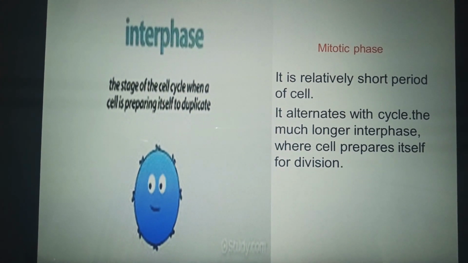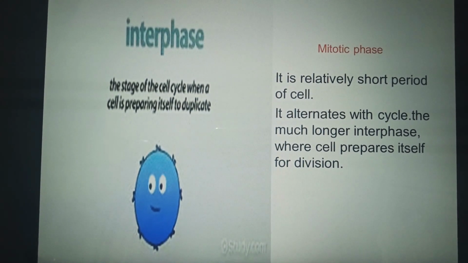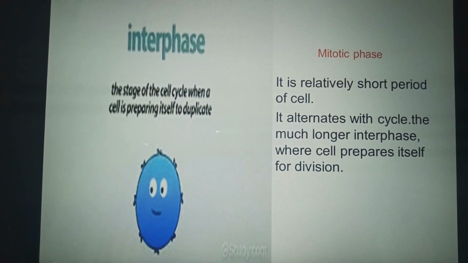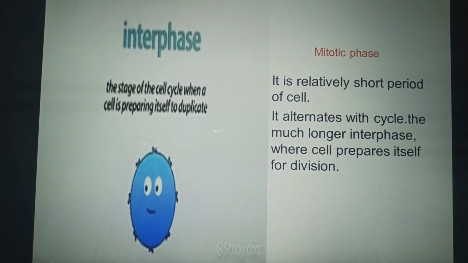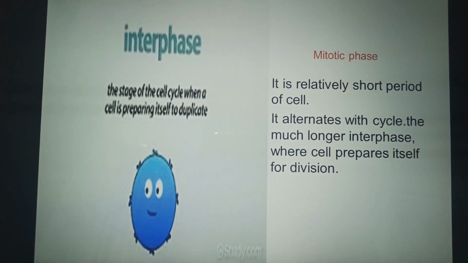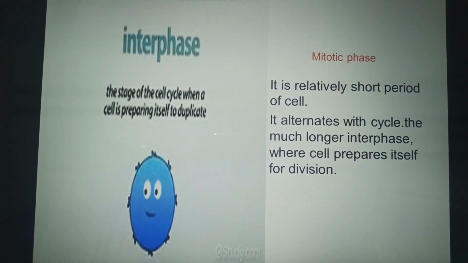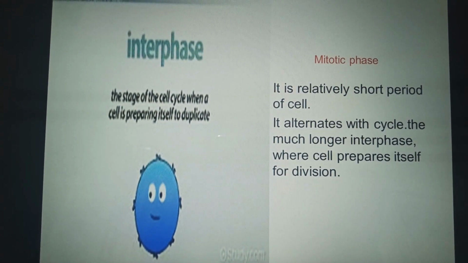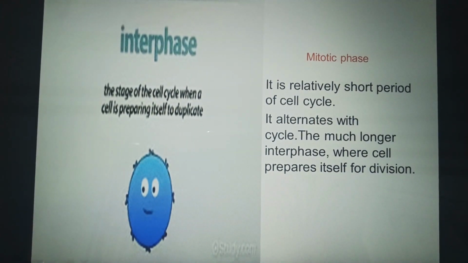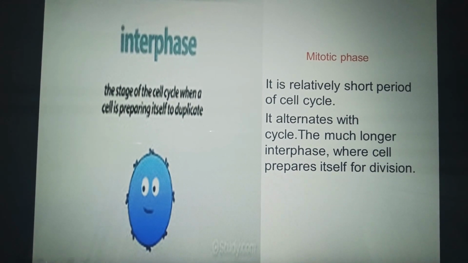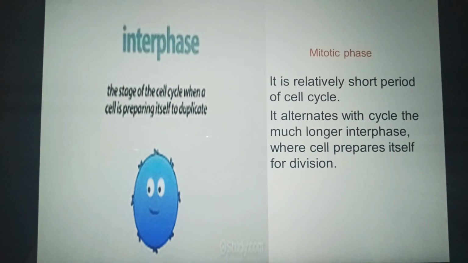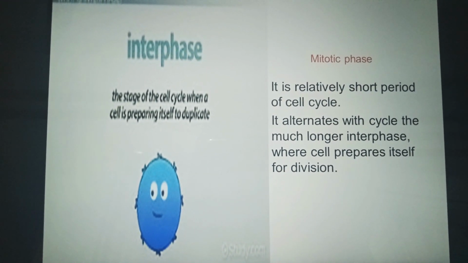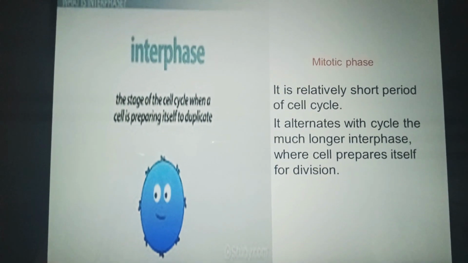Interphase is the time when a cell's metabolic activity is very high as it performs its various functions. It is the stage of the cell cycle when a cell is preparing itself to duplicate, while the mitotic phase is a relatively short period of the cell cycle and it alternates with the much longer interphase where the cell prepares itself for division.